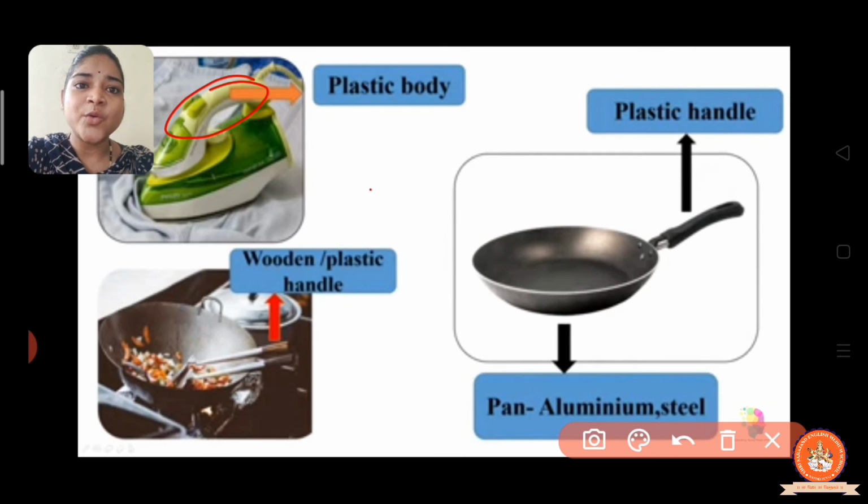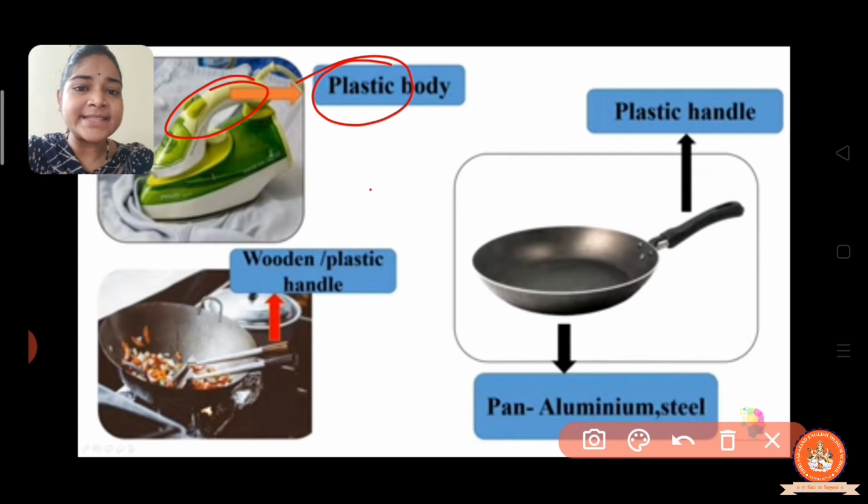That's why the handle of an iron is always made of plastic, because plastic is a poor conductor of heat and does not allow heat to pass through it.